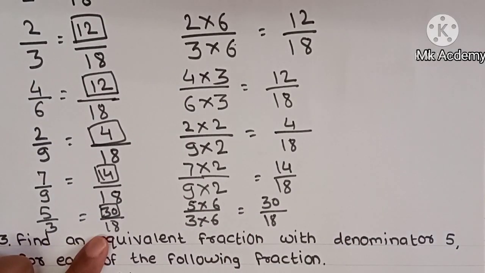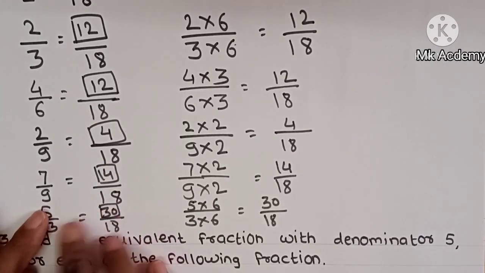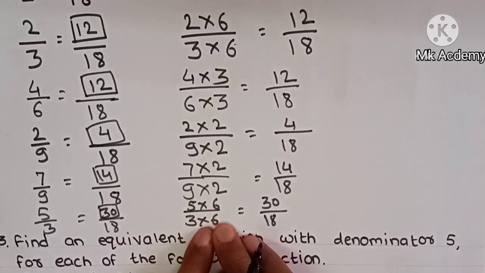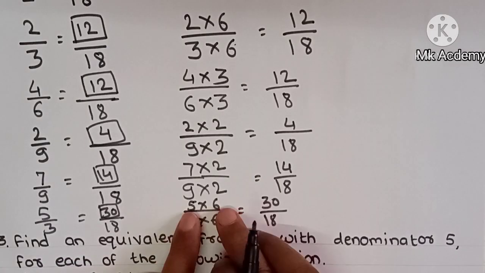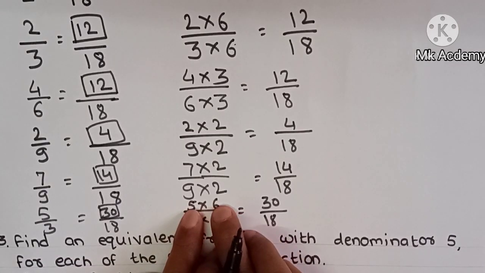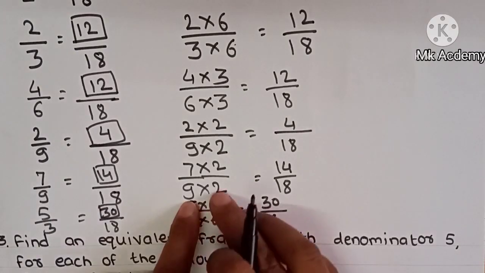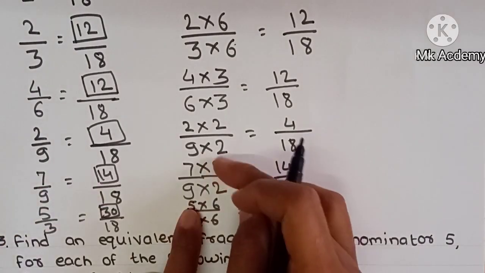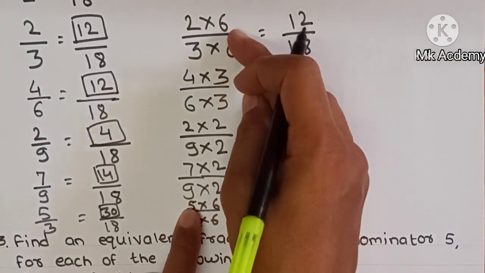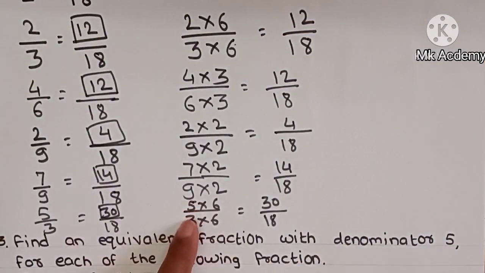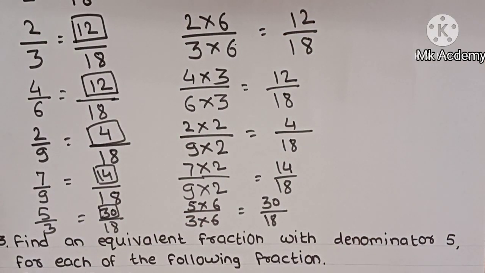Therefore the numerator is 30. Understood? These fractions are equivalent. Therefore I multiply by 6 at the denominator, and the numerator also multiplied by 6. Understood? In all the fractions we multiply by the same number at the numerator and denominator to get an equivalent fraction.